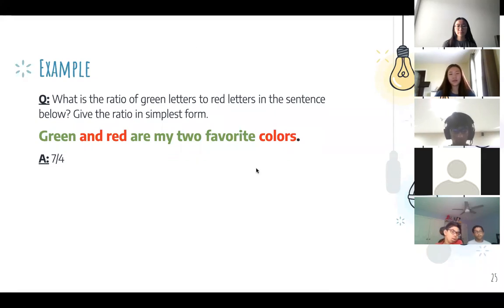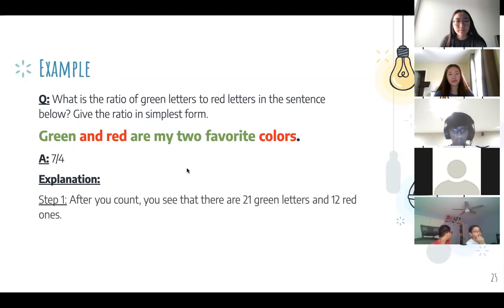When you're writing a ratio, this question says green letters to red letters, so it has to be green to red, not red to green. The order matters. When you count the letters, you can see that there's 21 green letters and then 12 red ones. Once you simplify, which is also a key step, you get 7 over 4.